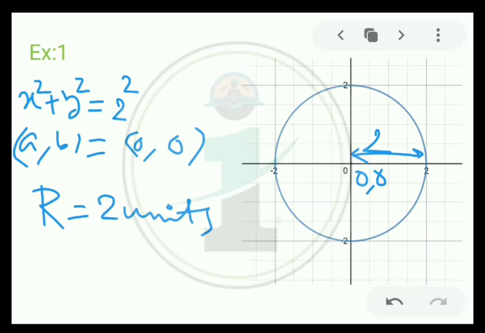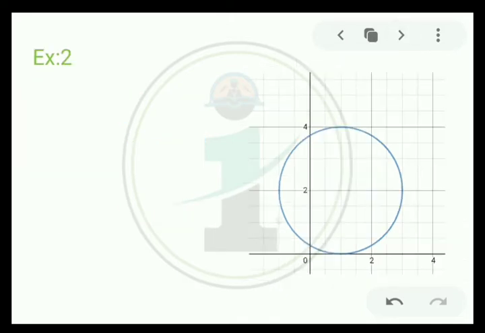So this is what a circle is. Let us check some other example. So I have drawn a circle here. As before, I have taken the radius to be of the magnitude 2, but I have shifted the origin to some other point.